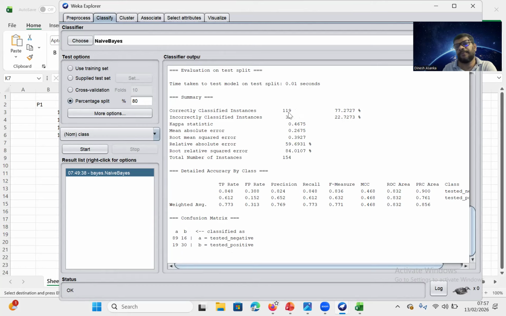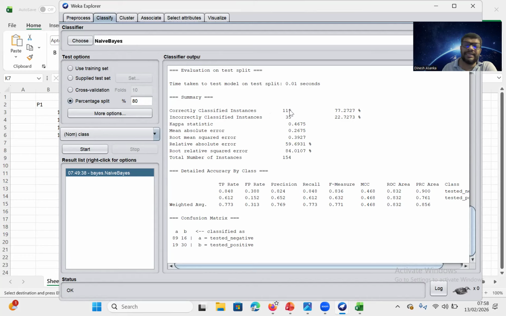So the confusion matrix is a detailed analysis of your accuracy. Both 19 and 16 are incorrect, which is 35. But it tells you more detail about this 35, and more details about this 119. Right.